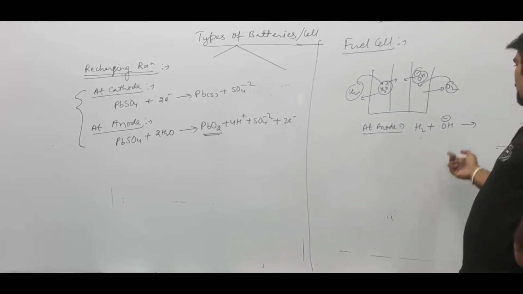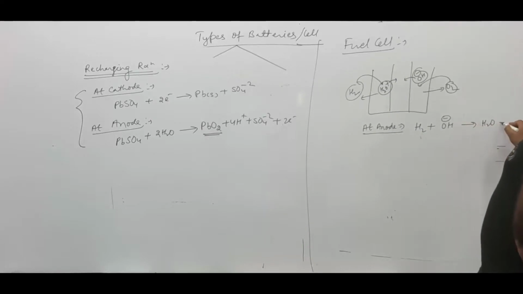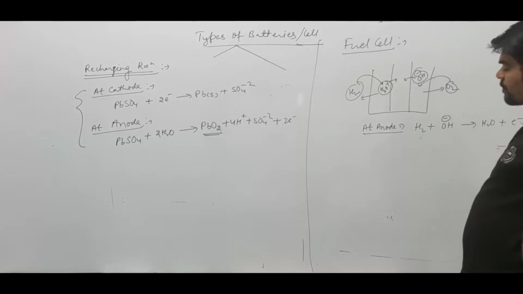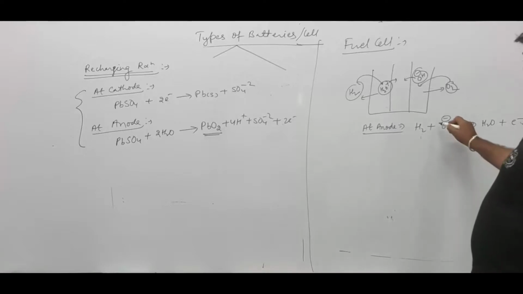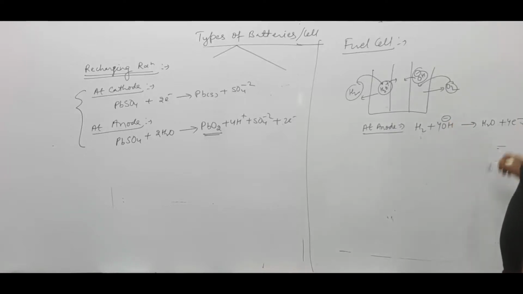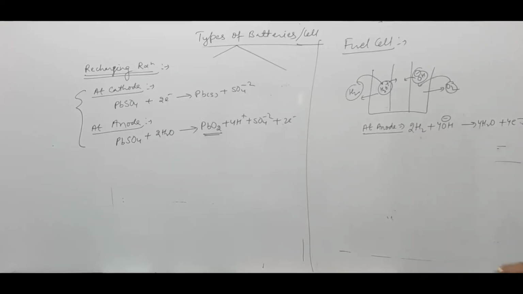H2 gives 2H plus, which combines with 2OH minus to become water itself, and releases electrons. So the reaction is H2 plus 2OH minus gives 2H2O plus 2 electrons, and multiplied by 2, 2H2 plus 4OH minus gives 4H2O plus 4 electrons.